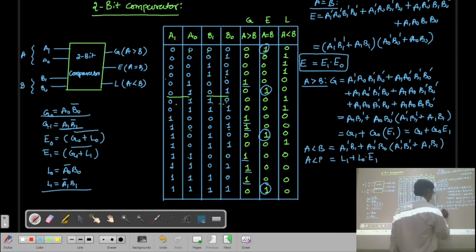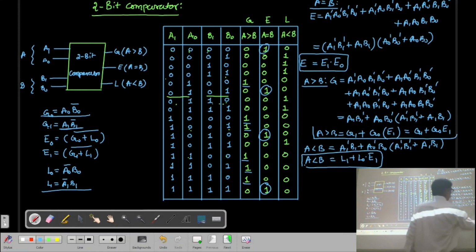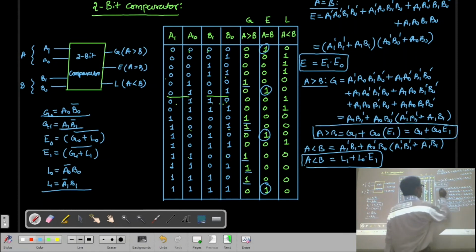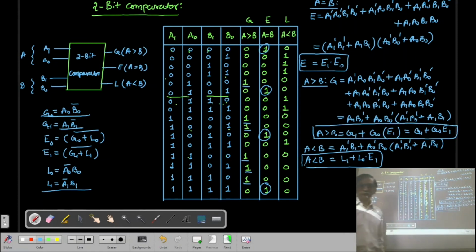So A less than B is given by this, A greater than B is given by this, and E is equal to E1 dot E0. In this way, for a 2-bit comparator, using these three expressions, one can easily draw the logic diagram.